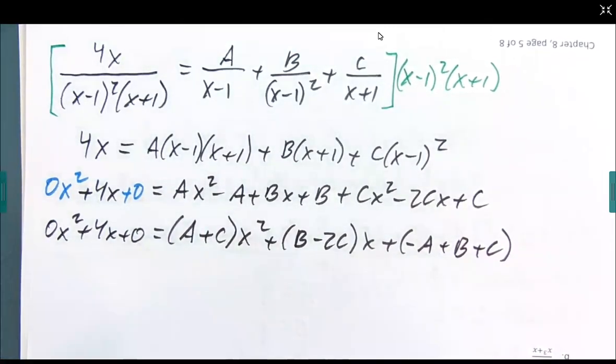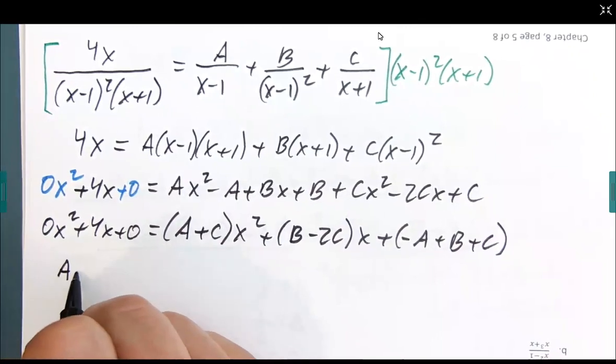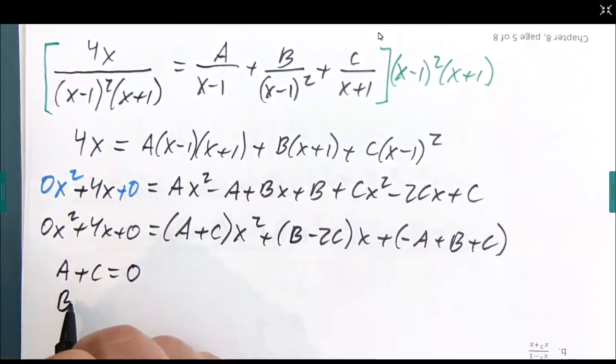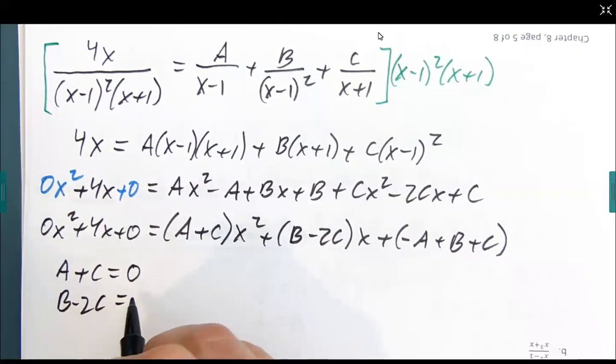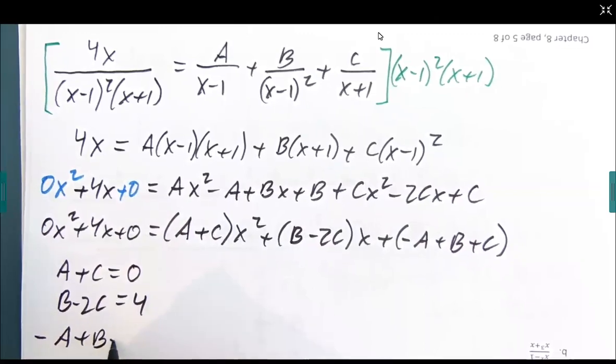And now we're going to match it all up. So a plus c equals 0, b minus 2c equals 4, and negative a plus b plus c equals 0.